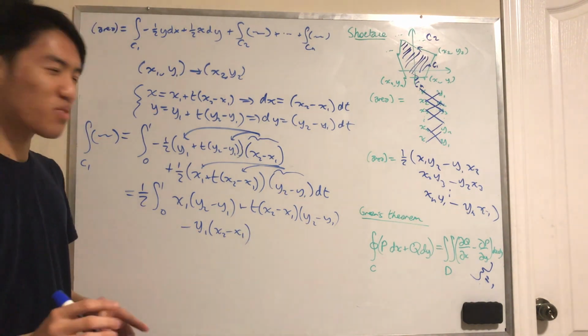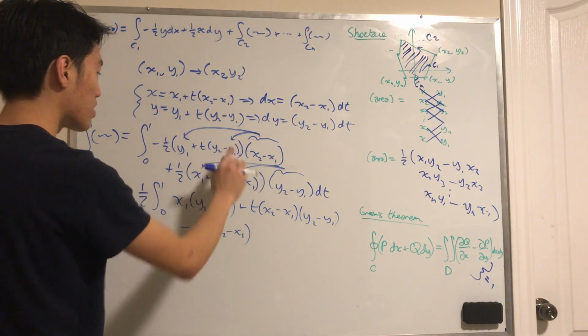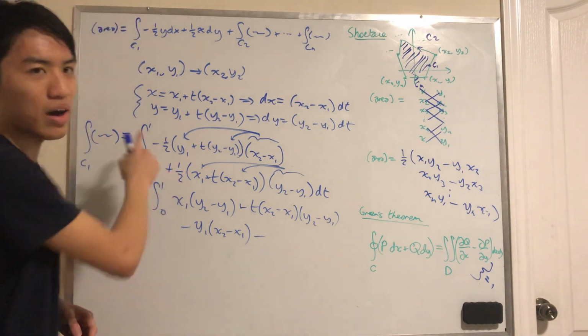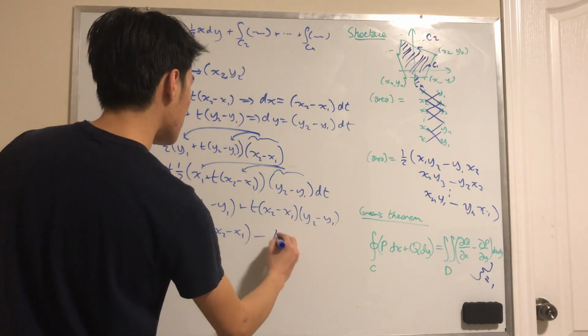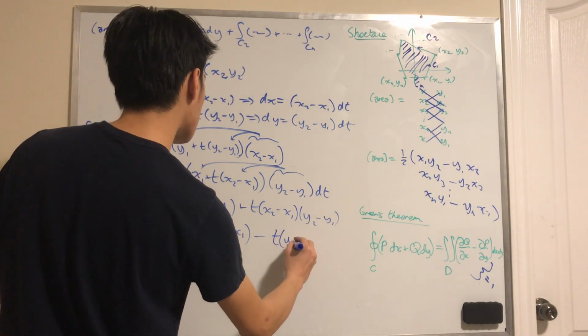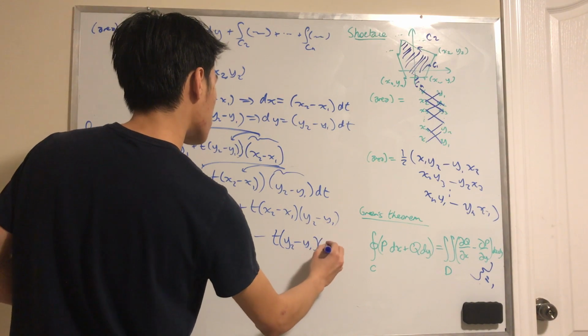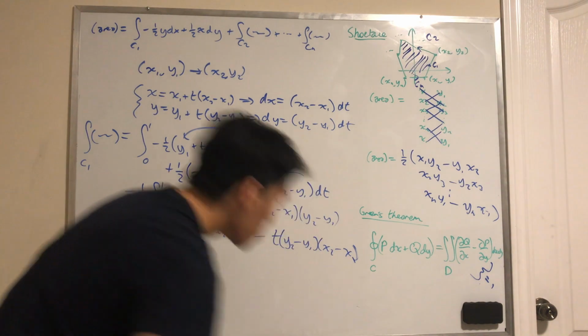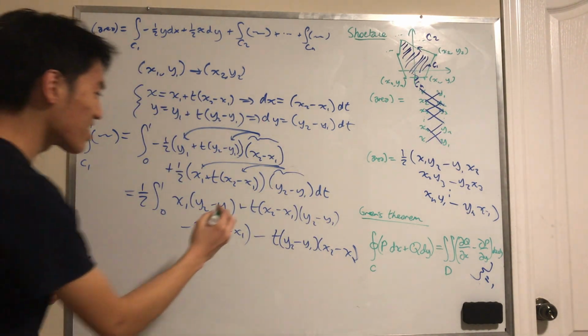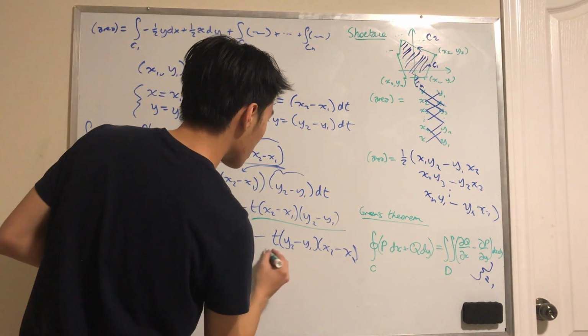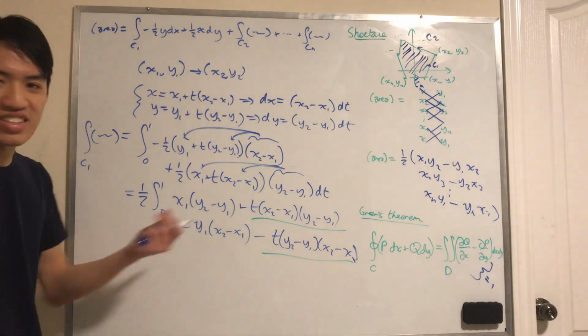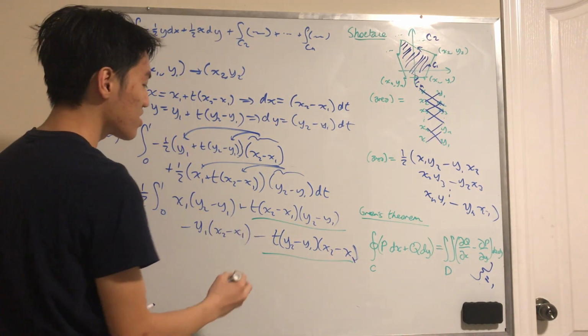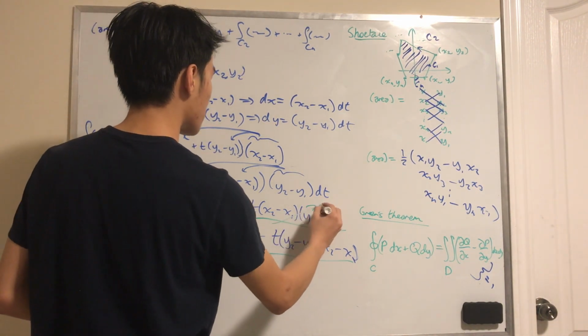And here's something really nice already. We multiply those together, and we get minus t times y2 minus y1 times x2 minus x1. But wait a second, this looks familiar. They're exactly the same, and this one has a negative sign, so they end up making 0.